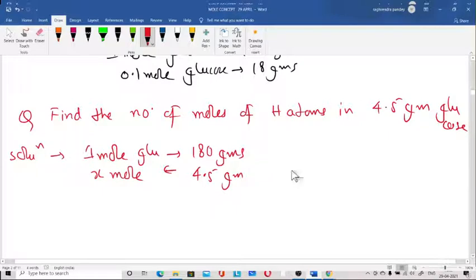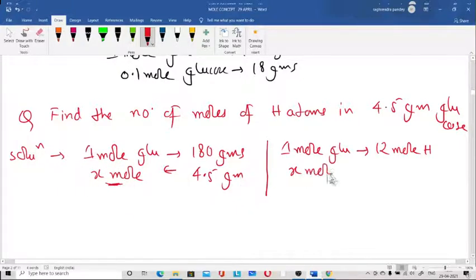Another aspect to this problem is that 1 mole glucose has 12 moles of hydrogen atoms, because it is C6H12, so H12 is there. Now this X mole will have Y mole of hydrogen atoms. So first you have to find the X, then put the X here, and then you can find the Y. Y is your final answer.